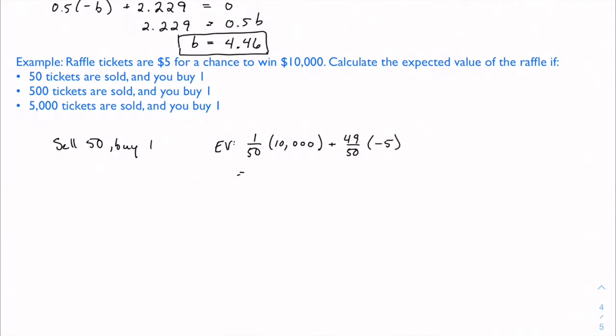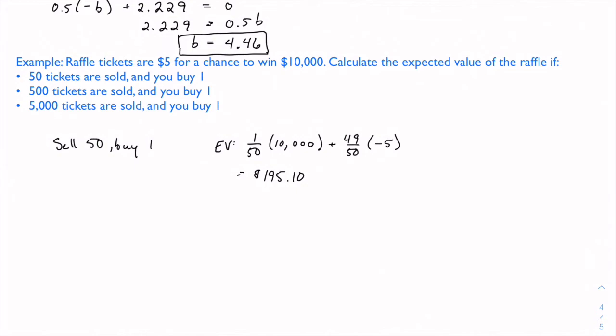So if I put this into my calculator really quick, I'm going to come out with an expected value of 195.1, or in the context of money here, $195.10.